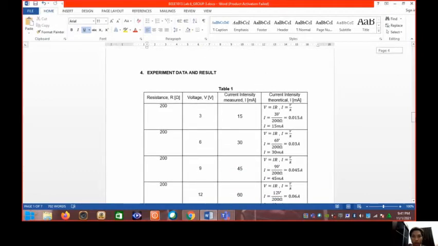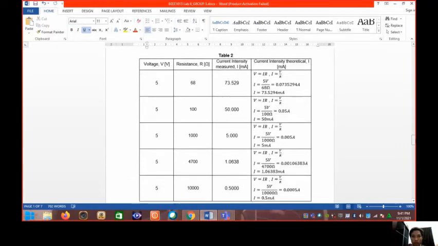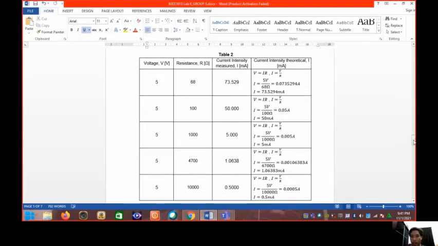The values that we get, we can tabulate in table 2 here. In this part, we have to use the same voltage throughout, which is 5 volt, and different values of resistance.